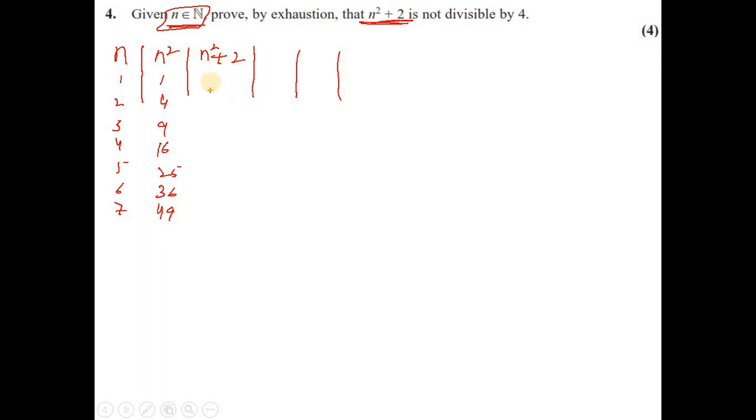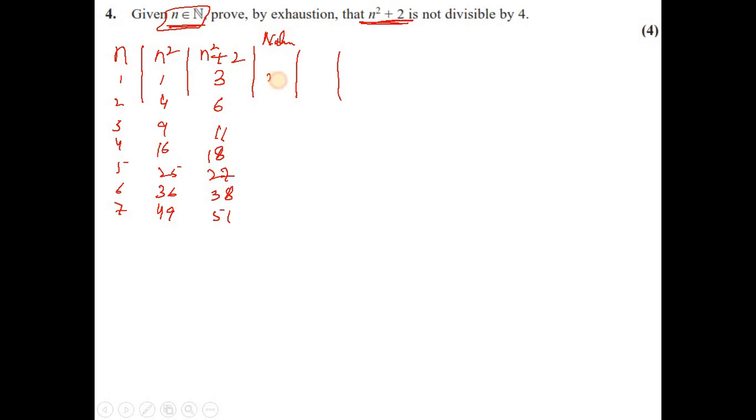If you do n square plus 2, it will be 3, 6, 11, 18, 27, 38, and 51. Now if you wish, you can look at the nature of the numbers.